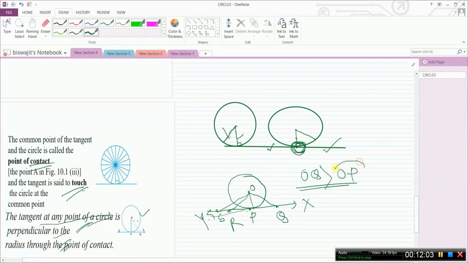And OP is the radius, which is the least distance to the line XY. The least distance is always the perpendicular from the external point. The external point is O here. So OP is perpendicular to XY.